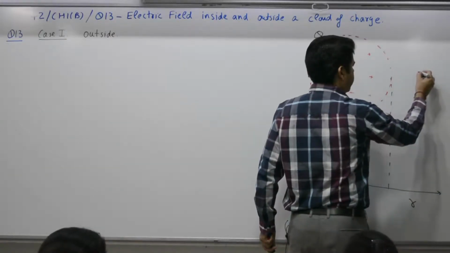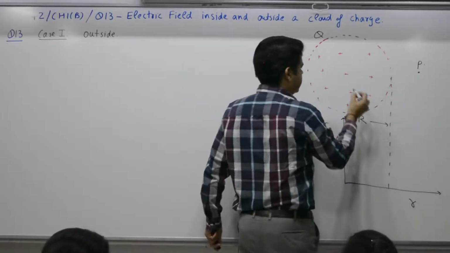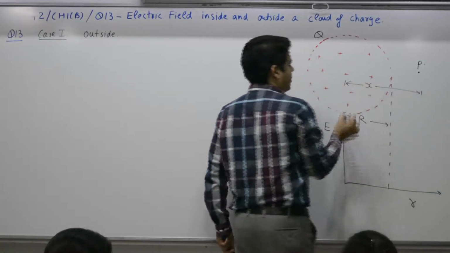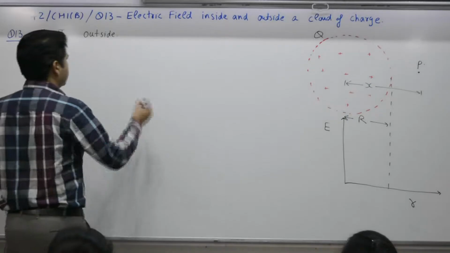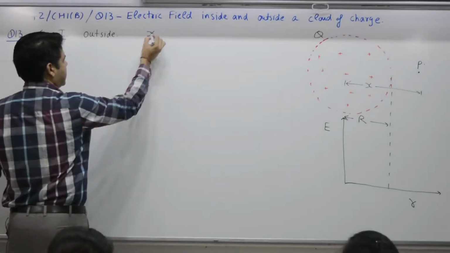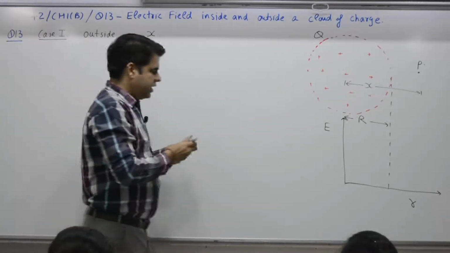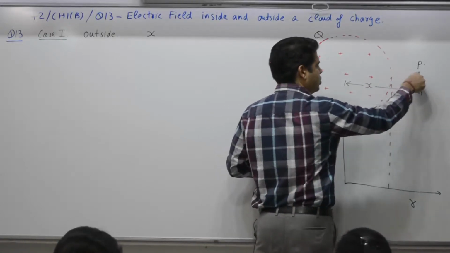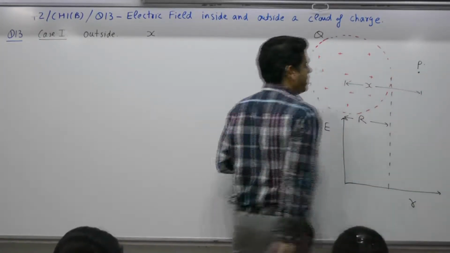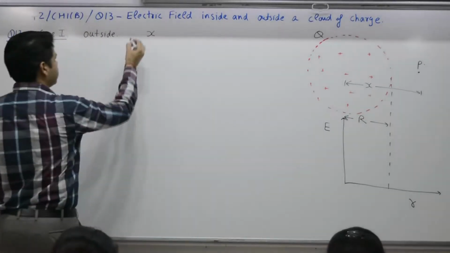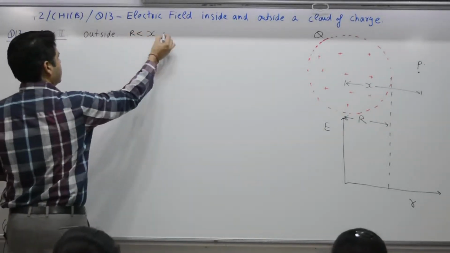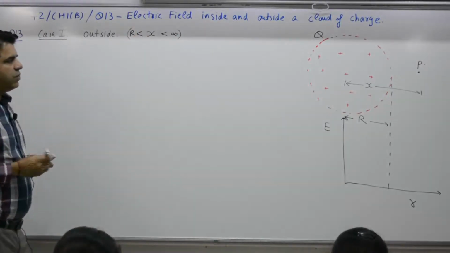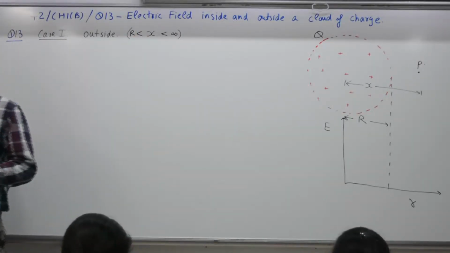Let there be a point P, which is at a distance X. So we have to find out electric field at any point where x is equal to r up to infinity. That means X varies between r to infinity. One minute to draw the diagram.